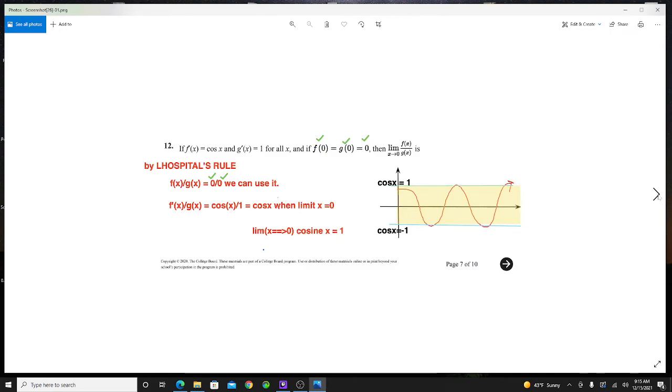For question number 12, we're given the prime functions, cosine x and 1, for f prime and g prime. But we're given that the original functions, whatever they may be, so I guess negative sine x and could be x plus a constant, have a limit of 0 as x approaches 0.